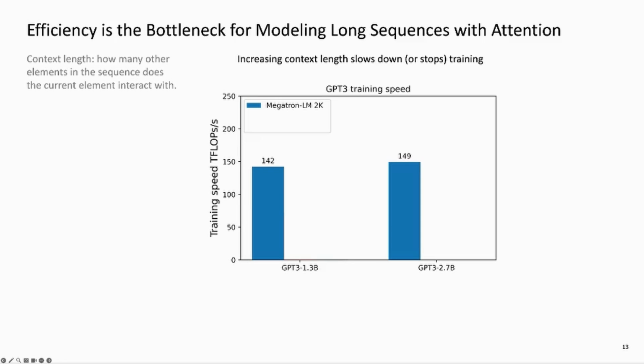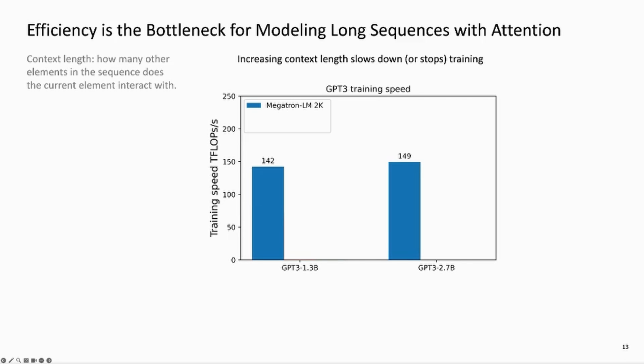If I take Megatron-LM, this is back from last year, where we're training, I think, a 1.3 billion or 2.7 billion parameter model, and I'm measuring training speed, which you can think of as proportional to how many tokens you can process per second. At 2K context length, it does a pretty decent job. If you're familiar with model FLOPs utilization, this is around 50% utilization, which is pretty good at 2K.